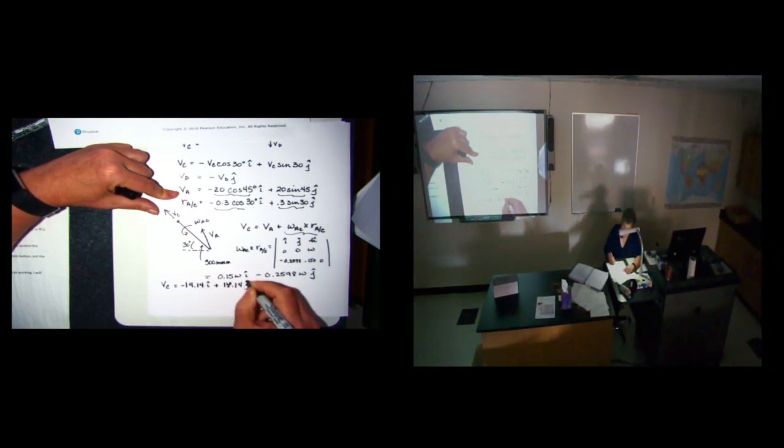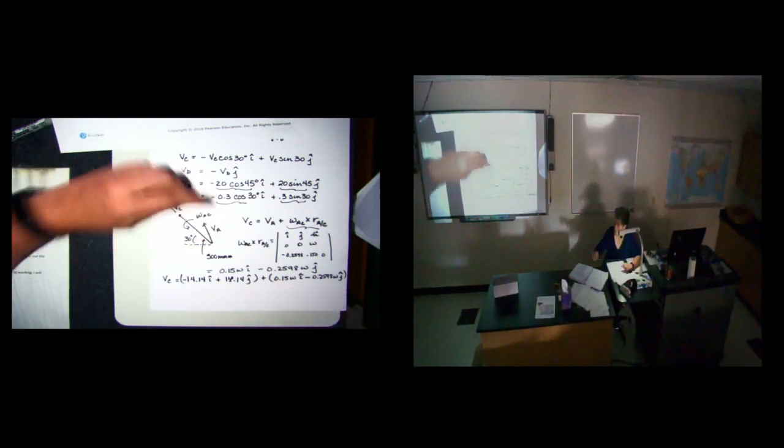Now I can do the VD, because VD is going to equal VC plus omega CD cross RCD. So I've got to figure out RCD. That's going to be minus 0.15 cosine 45 degrees in the I direction, 45 degrees in the J direction. And that ends up being minus 0.106.